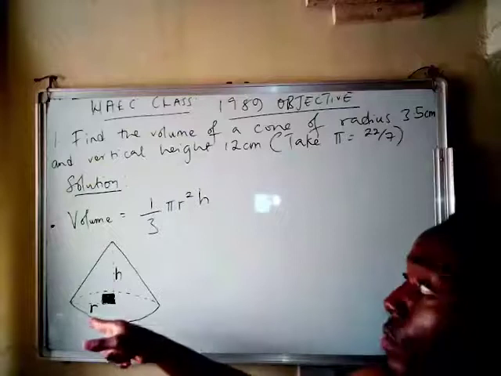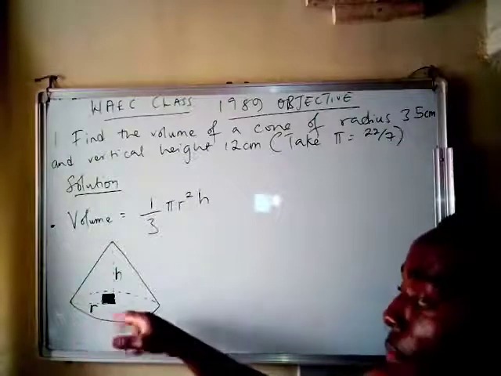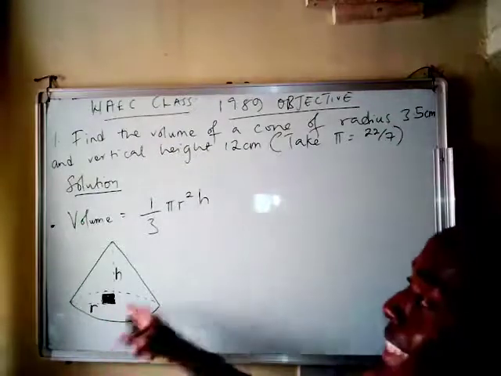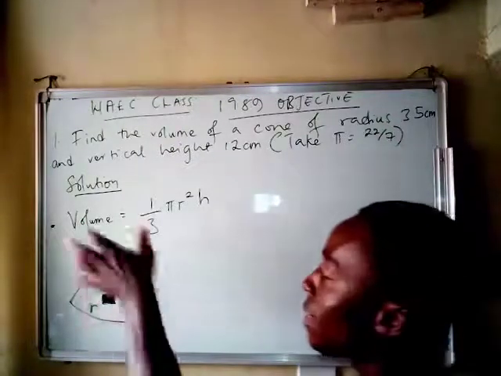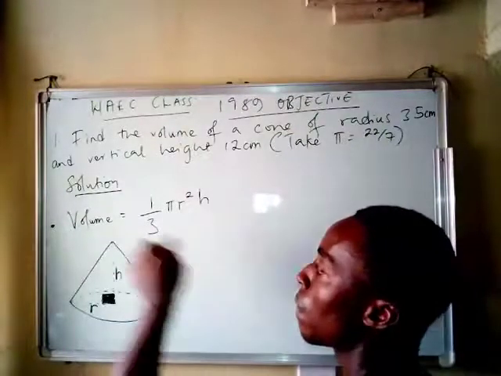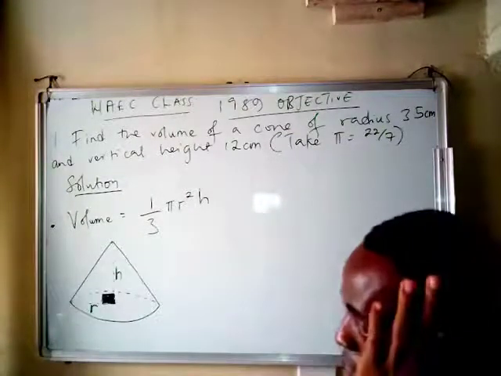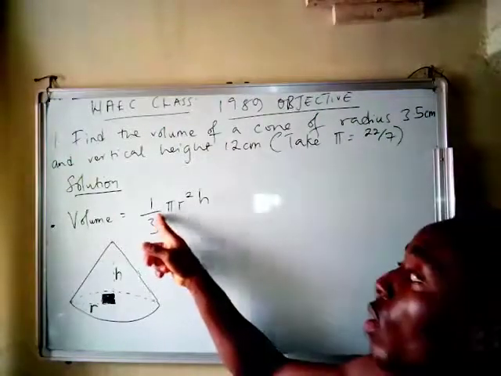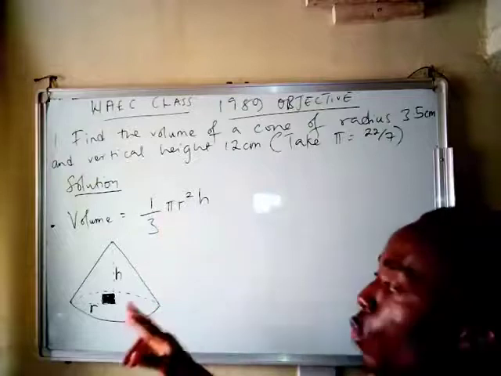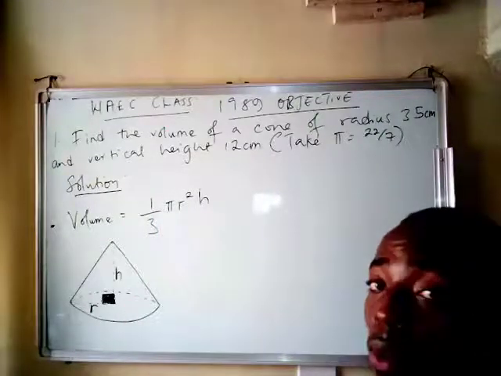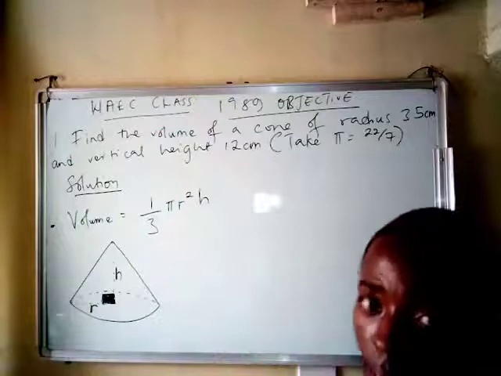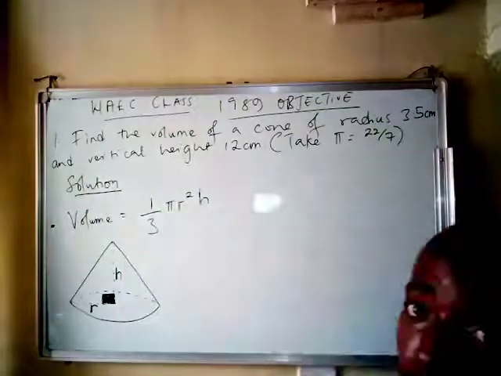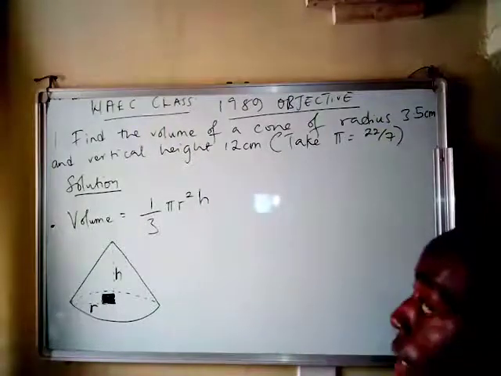It has a radius, which is half of the circular base. Now, this particular cone is 1/3 of the area of a circle. It takes 1/3 of the area of a circle, but also to consider that it has the height. So that is the reason why we have the formula in this manner. I just hope it's clear that way.